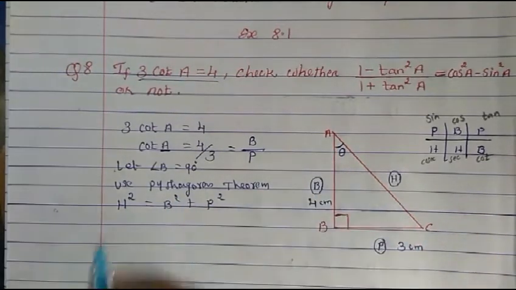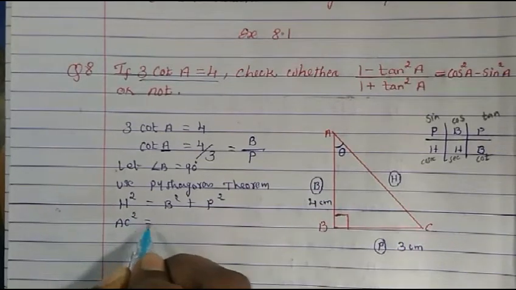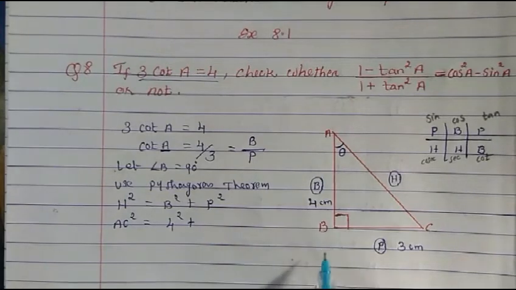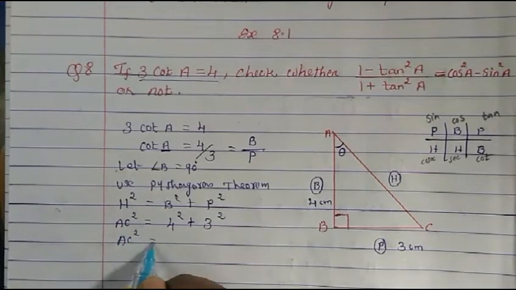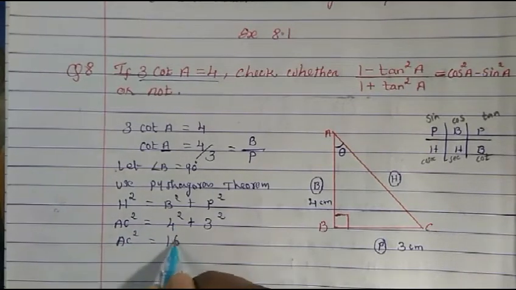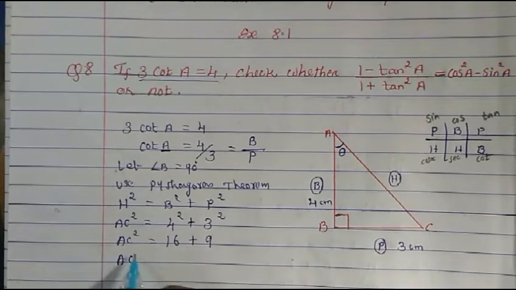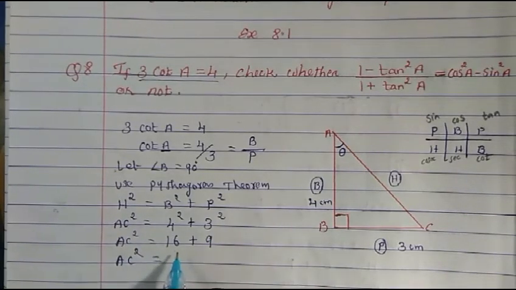Hypotenuse here is AC. So AC square equals base 4 square plus perpendicular 3 square. 4 square is 16, 3 square is 9, so AC square is 25.